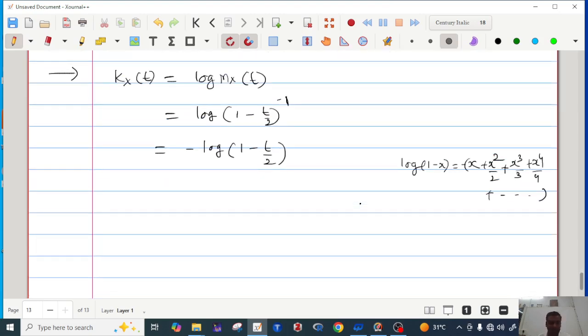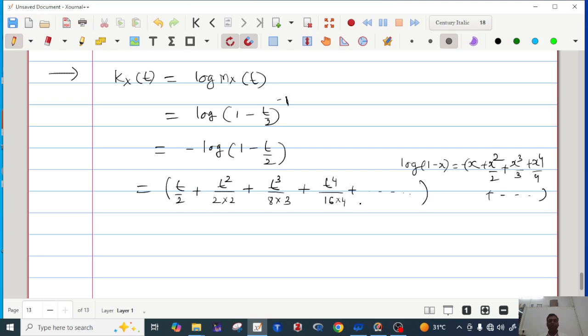Using this series, with x as t by 2, we get t by 2 plus t square by 2 into 2 square, plus t cube by 3 into 2 cube, 2 cube is 8, plus t raised to 4 by 4 into 2 raised to 4, which is 16, and so on.